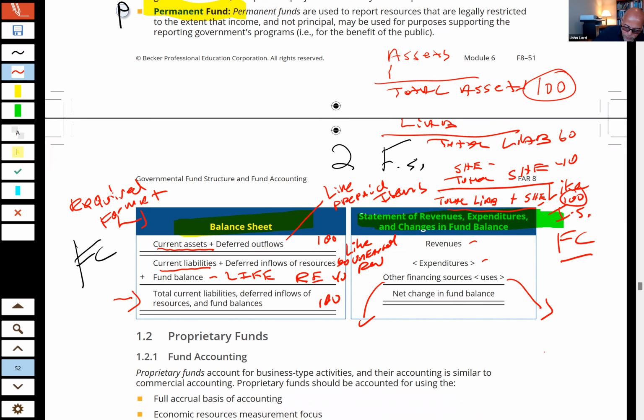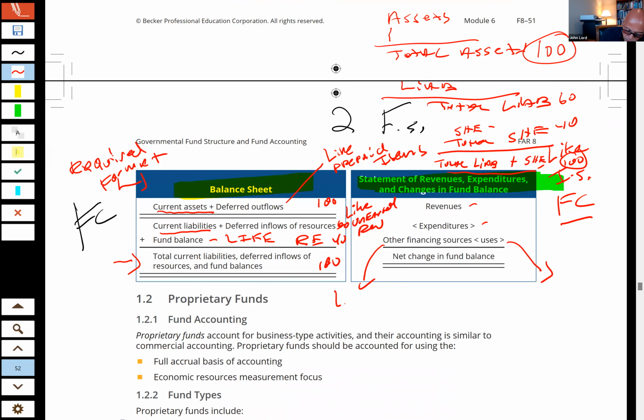Okay, other financing sources are like non-operating revenue, and other financing uses are like non-operating expenses.